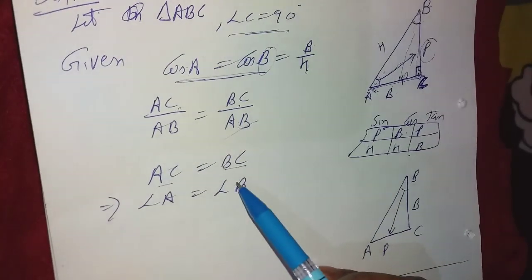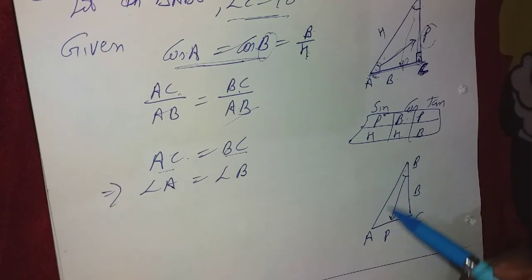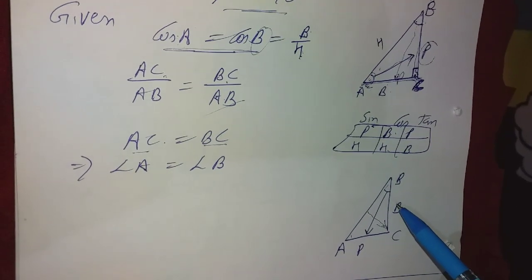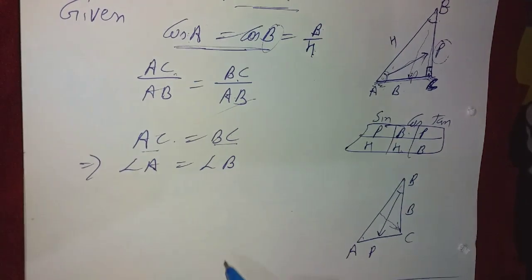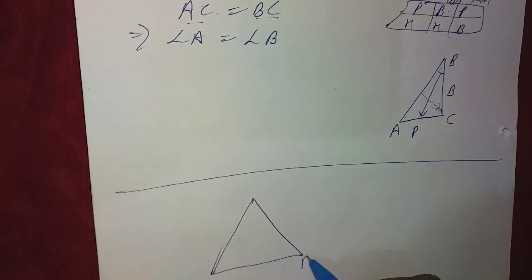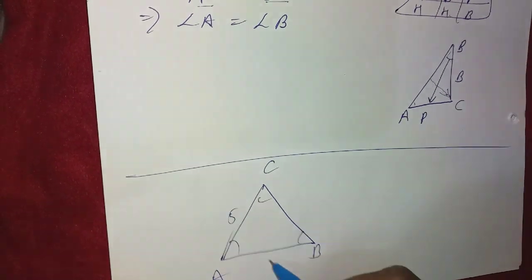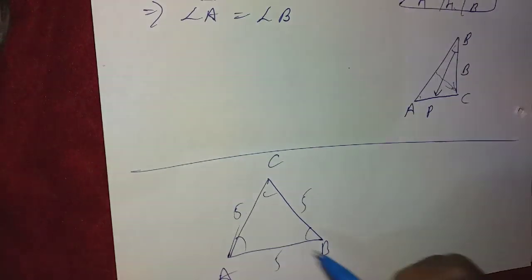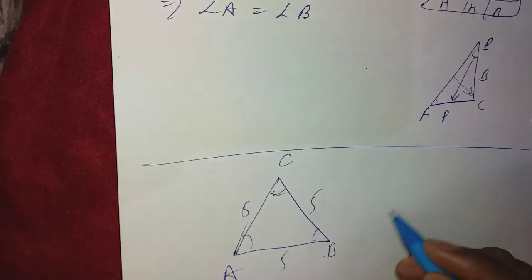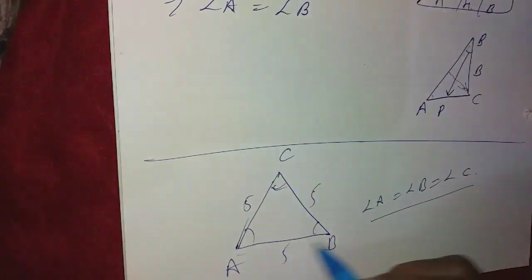So we know in any triangle, if two sides are equal, then the angles opposite them will be the same. Same as in an equilateral triangle ABC. If all sides are the same, then each angle will be equal. So here angle A, angle B, angle C are the same if all sides are the same.